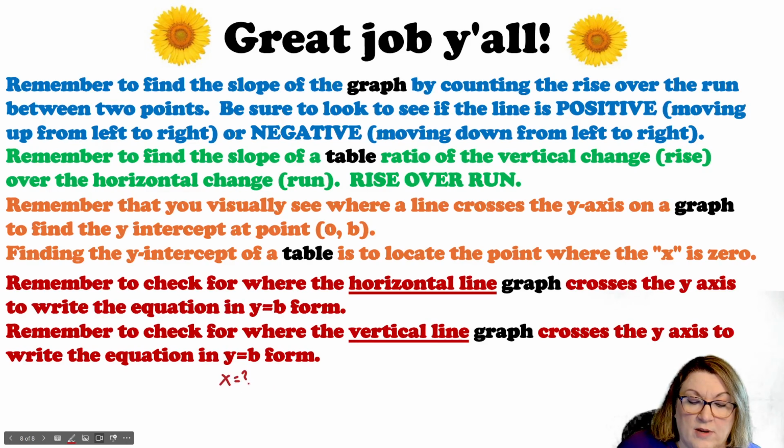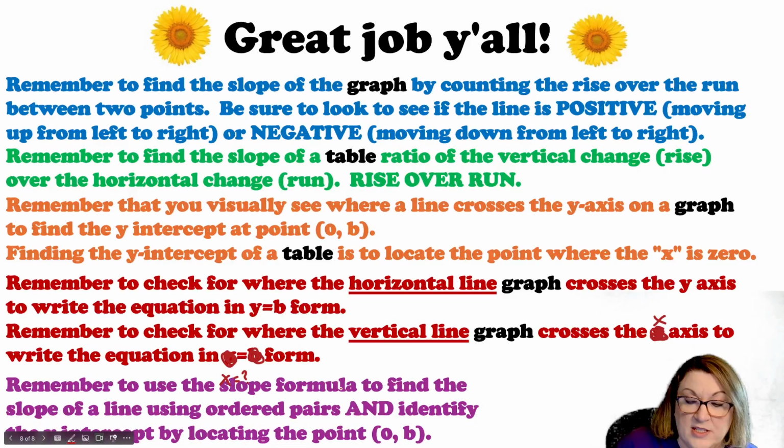We don't know what that number is. Remember to check for where the vertical line graph crosses the x-axis. I didn't change this. It should be x-axis. That should be x. And it's not b. It's x equals whatever number the x is on all the points in that vertical line.